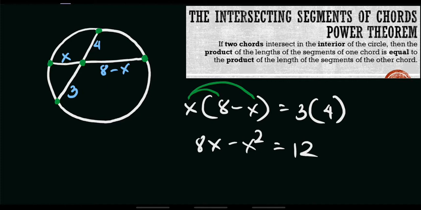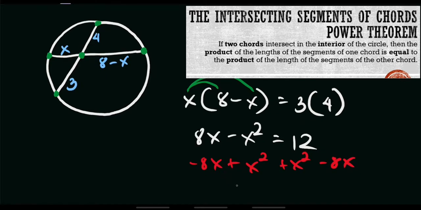So i-rewrite natin siya as standard form. So i-move ko yung values. So I will subtract 8x both sides, and then I will add x squared both sides, para maging standard form yung ating expression.